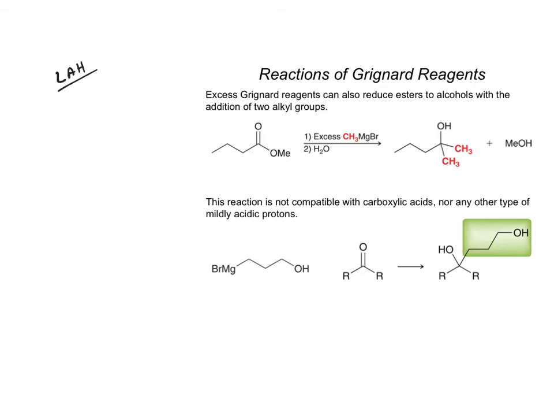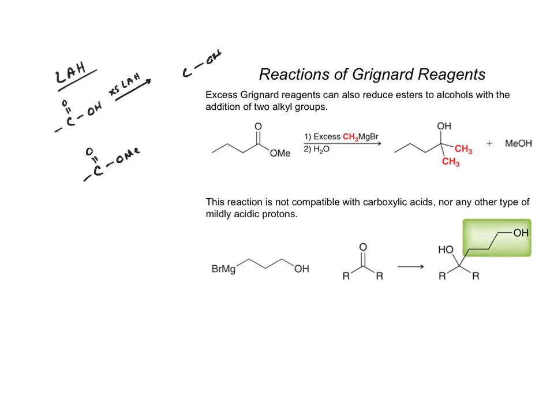These guys were also able to take things like carboxylic acids, as well as esters. And also in a 4-electron process, which required excess lithium aluminum hydride, they were also able to reduce those into alcohols as well, right?